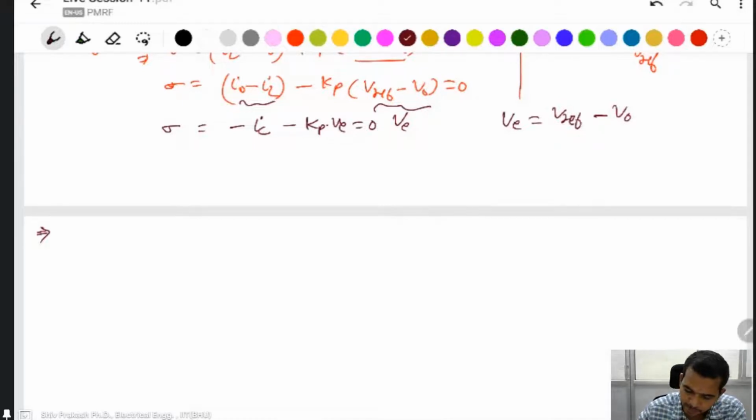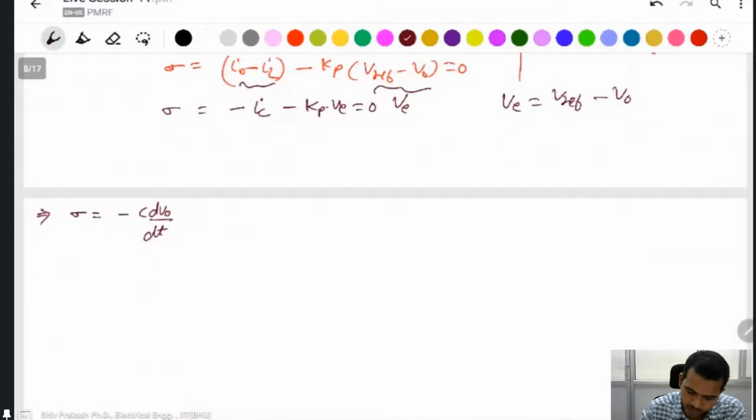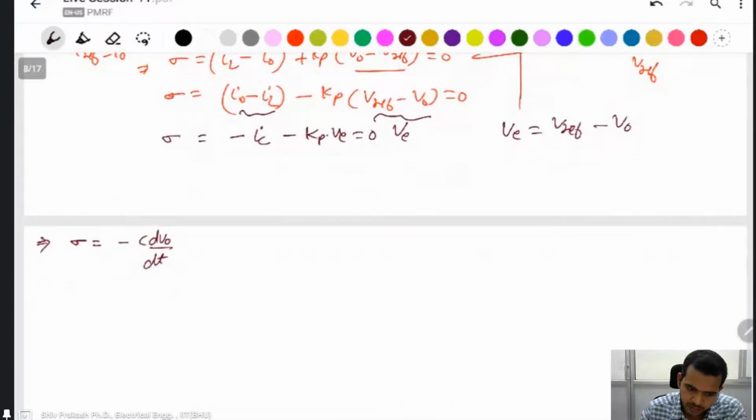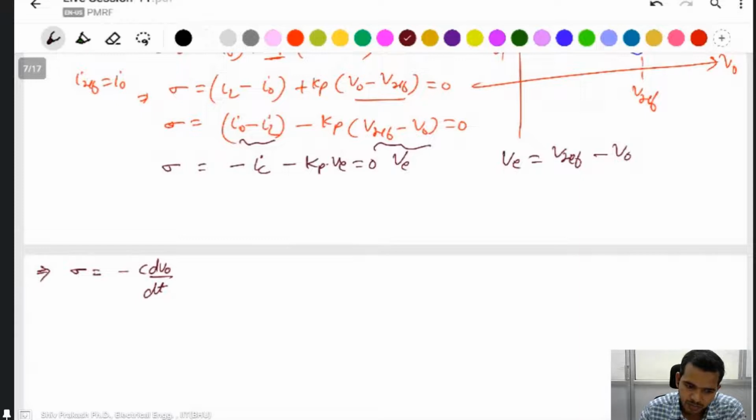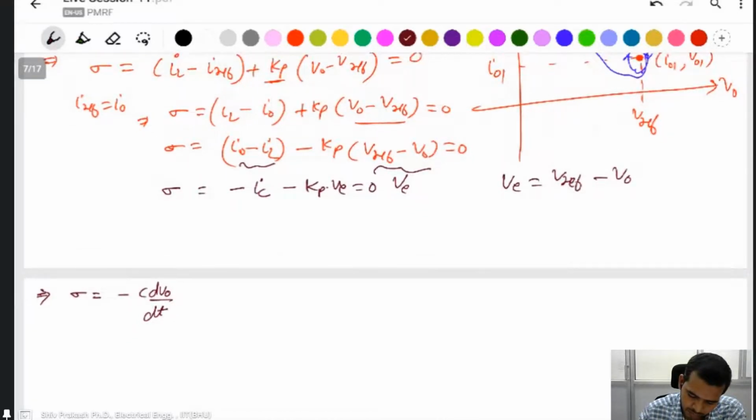So written IC, you can write it like C dV naught divided by dt is IC, because the same voltage appears here in V naught.